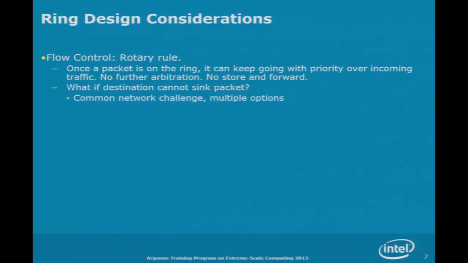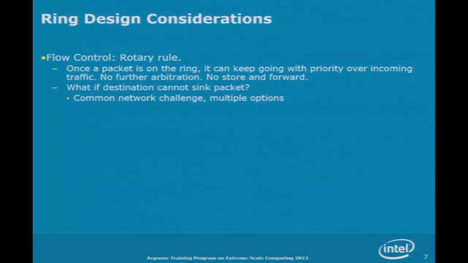What happens, of course, the bummer would be if the target cannot sink the request. Now, a typical traditional network problem is what do you do when you can't complete the transaction? Any suggestions? One good thing about rings is that what goes around comes around.